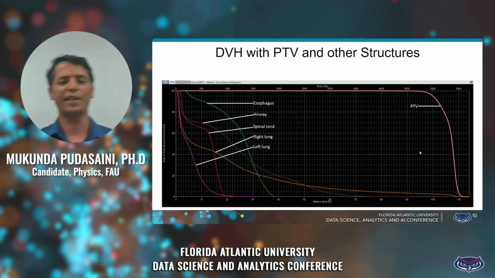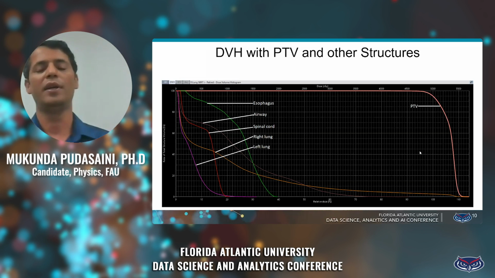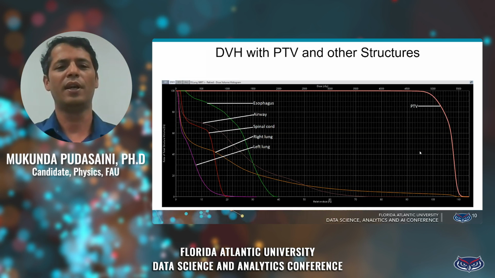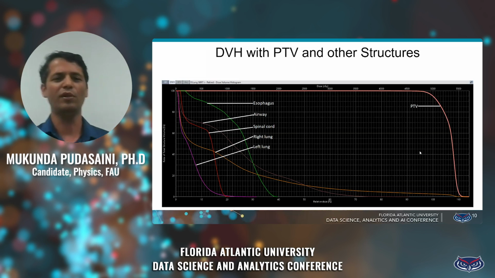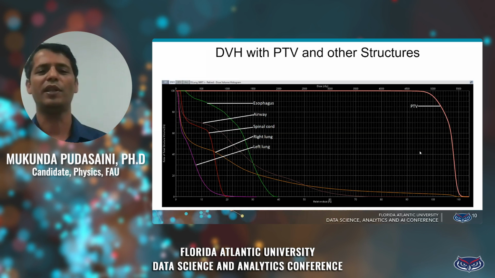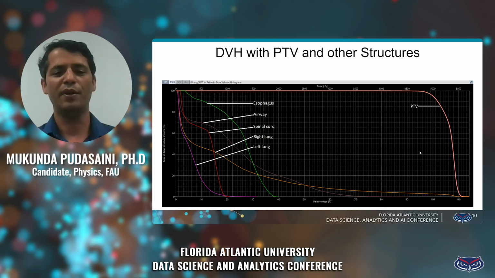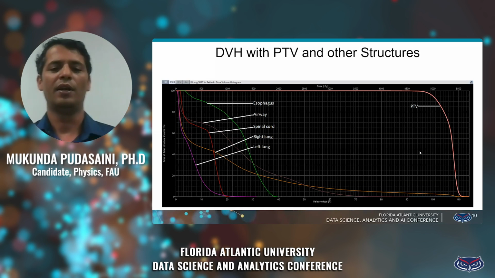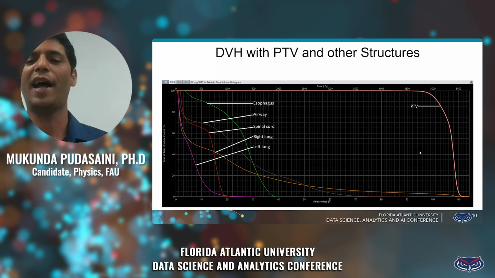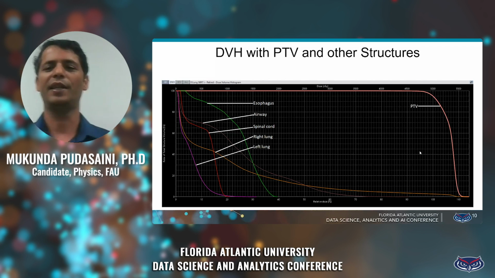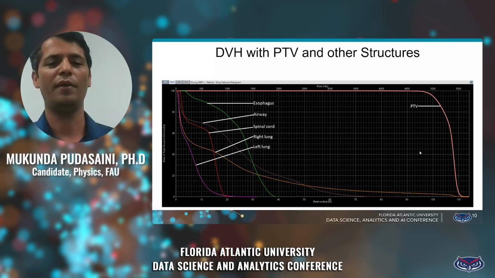This shows the relation of the radiation dose to the structure volumes. It is the commonly used evaluation tool to compare the doses with the other treatment plans or with other structures. Here the PTV is the planning target volume that is receiving the maximum dose within the whole volume of it.